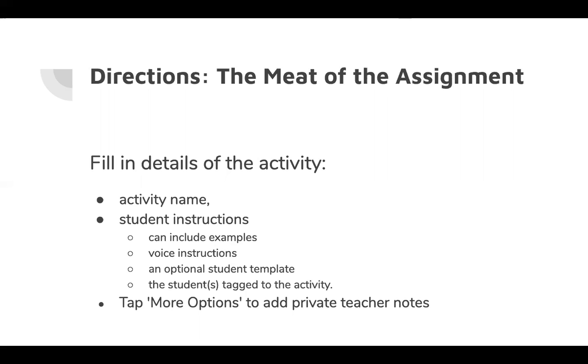The students at this point, now with the new QR codes, will only see activities assigned to them. So you can feel free to differentiate the types of activities that you're assigning to your students if you feel like that's necessary.